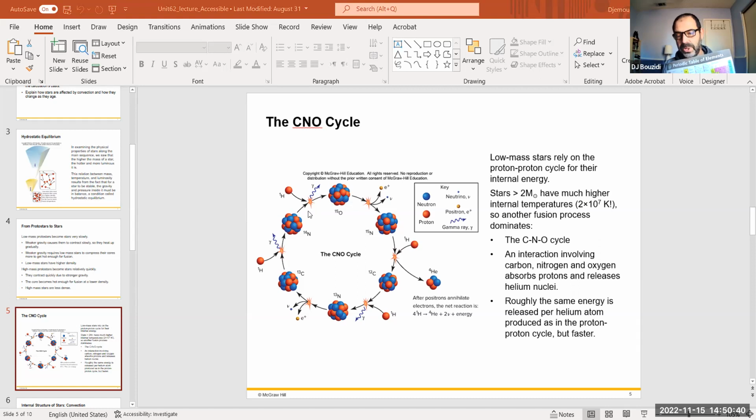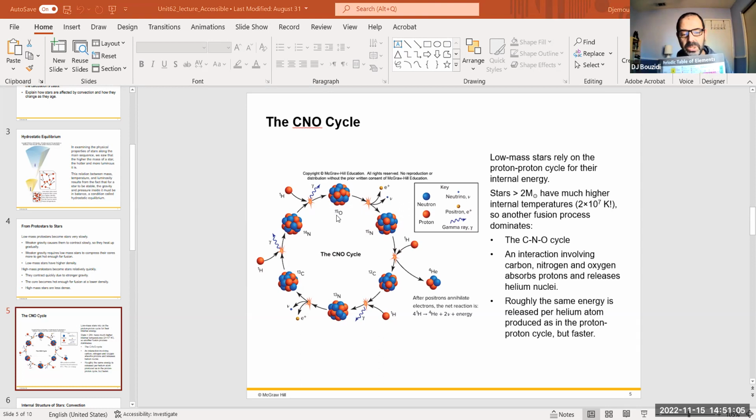But you have a bunch of protons floating at extremely high speeds. Another proton will be captured, and now you move to oxygen. You move to the next element in the periodic table, because now instead of 7 protons, you have 7 plus 1, which is 8 protons. And 8 protons, according to the periodic table, is oxygen.